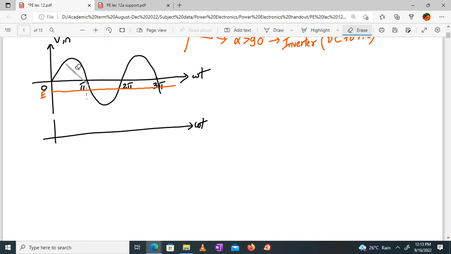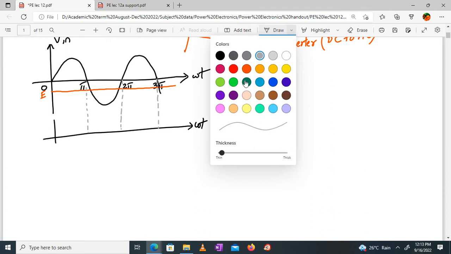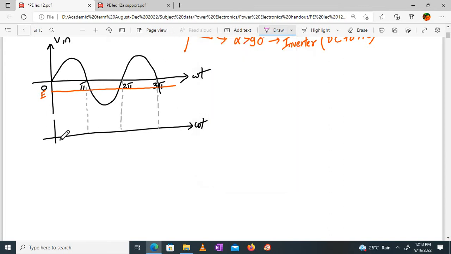Okay, just started misbehaving again. Now tell me. Yes, the pulses I am drawing, let's say with this color, a little dark.